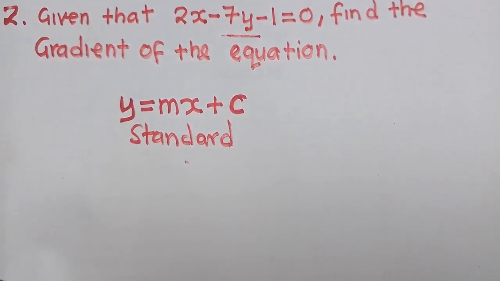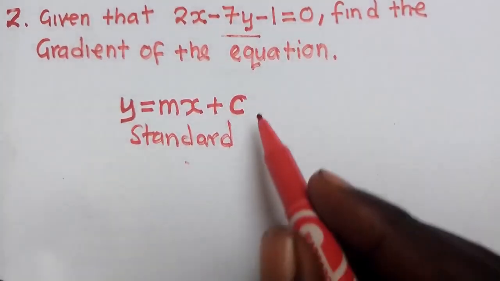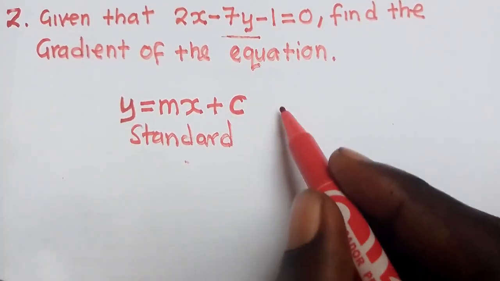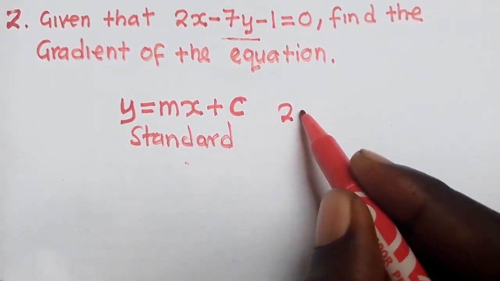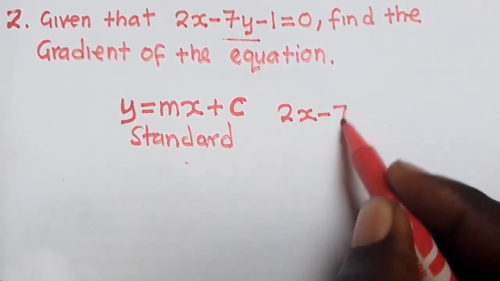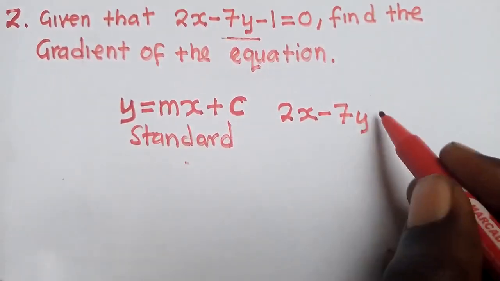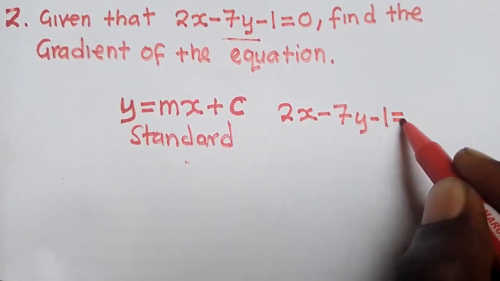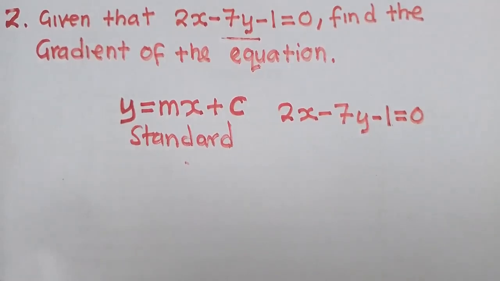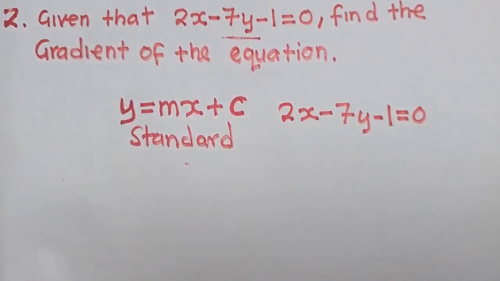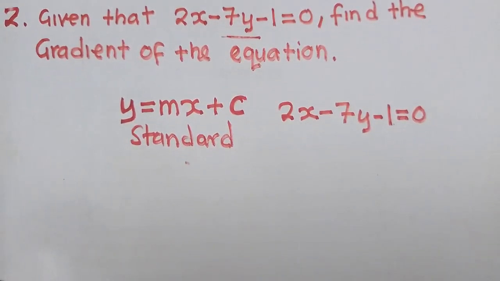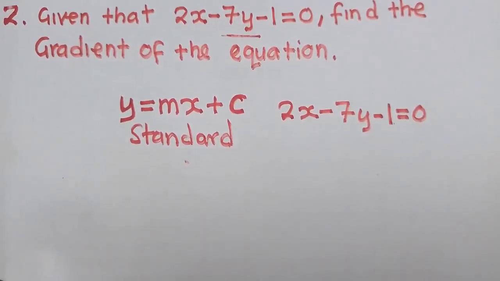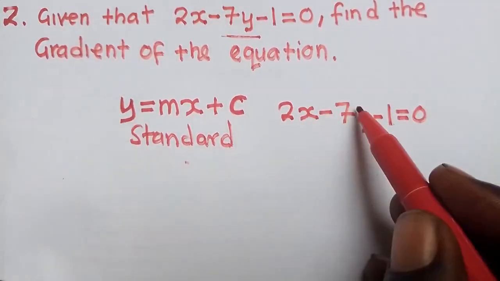So you are given that equation: 2x minus 7y minus 1 is equal to 0. You want to make y the subject of the formula. So what are you supposed to do? This y should remain alone.